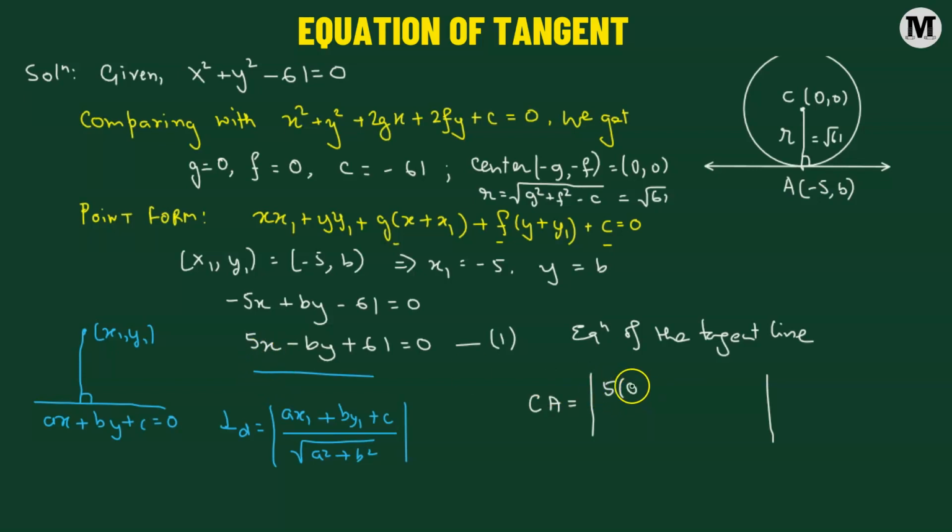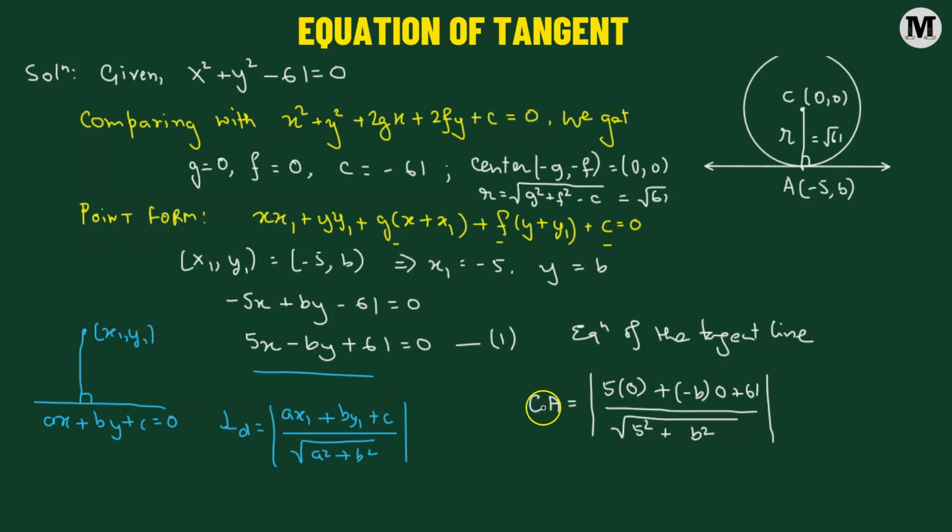This will get multiplied with the x coordinate of the center, that's 0. Added to the coefficient of y, which is -b, and this will get multiplied with the y coordinate of the center, that's 0. Added to the constant value 61, divided by the square root of the coefficient of x, which is 5, we are going to square that value and add it to the square of the coefficient of y. So that's going to be b squared.